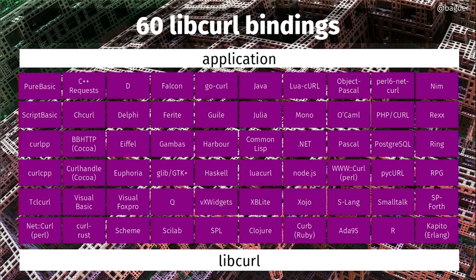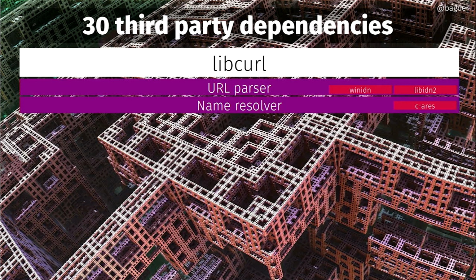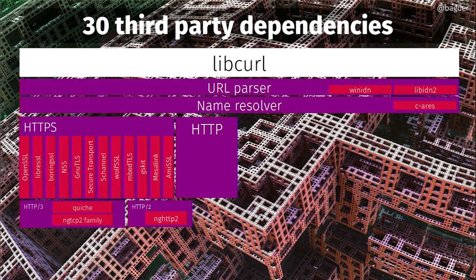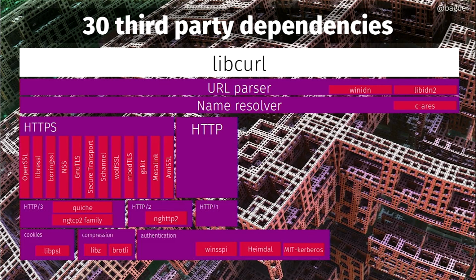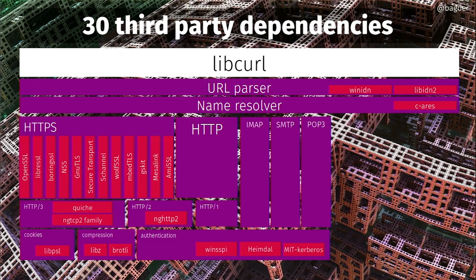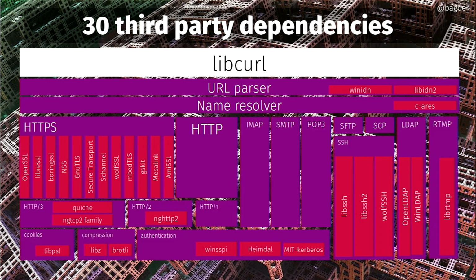And of course, curl, like all others, stands on the shoulders of others. So we can also build curl to use these. All the red ones here are third-party dependencies that you can build curl to use. And there are 30 different ones. So basically, whatever you want to do with the protocols, there are a bunch of independently developed third-party optional dependencies to use.